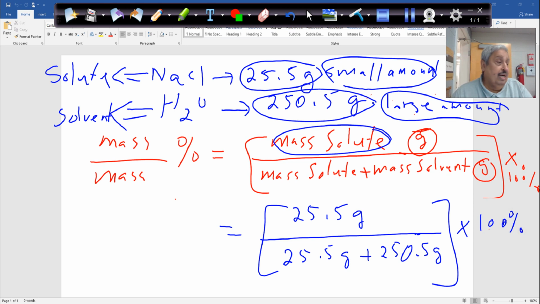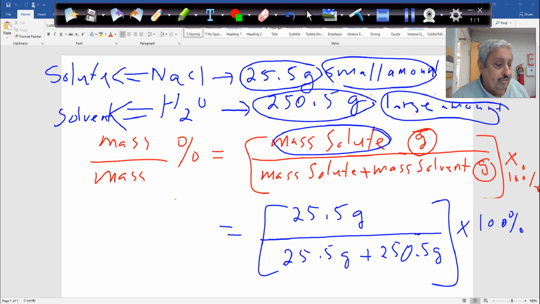Correct? And you can tell me how much this is. And same problem here, we have to look at the sig figs, correct?